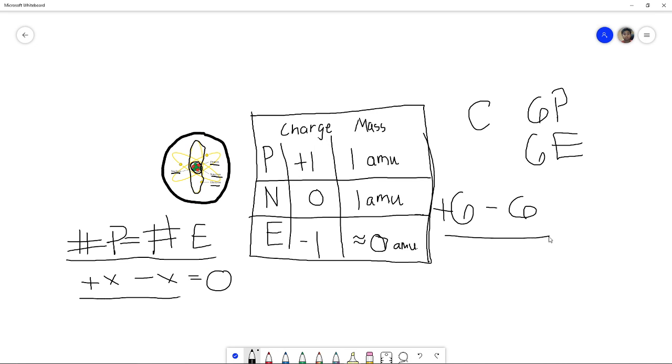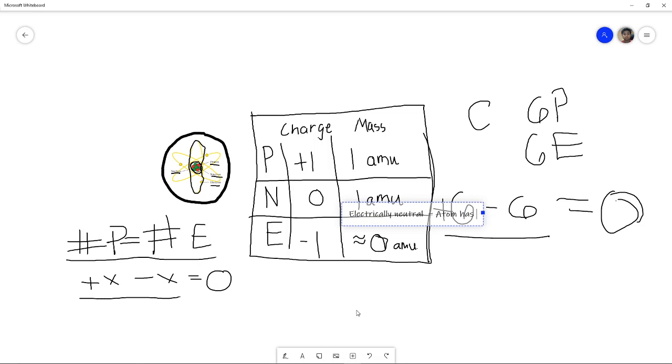Once we combine these, we get 0, which shows how the atoms are electrically neutral. What it means to be electrically neutral is that the atom has a net charge of 0.